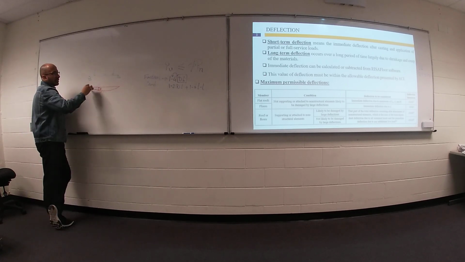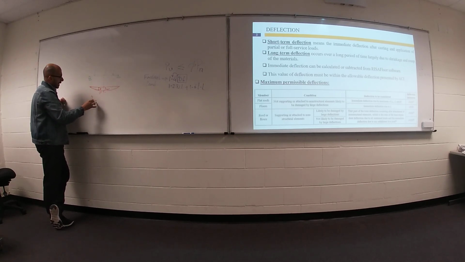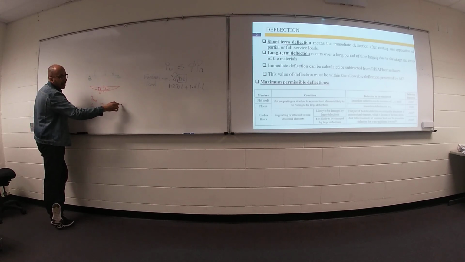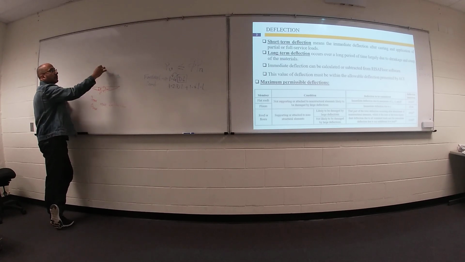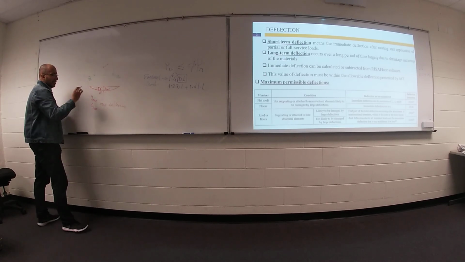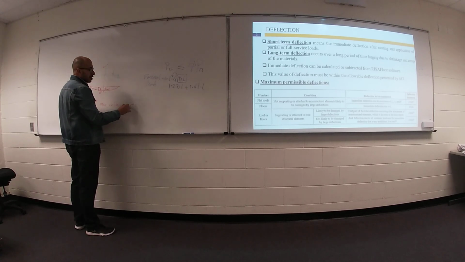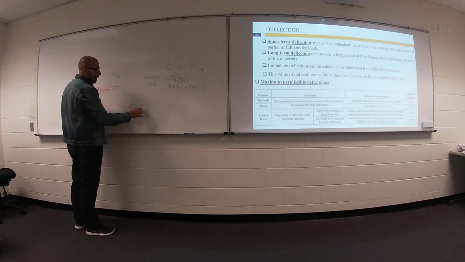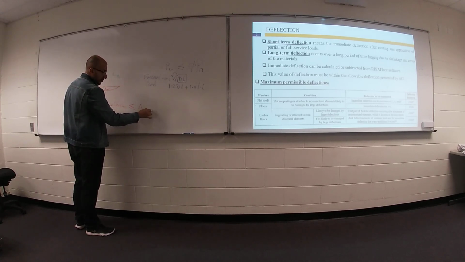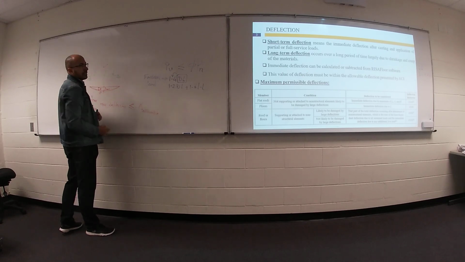Maximum deflection for this beam is near your midspan, y maximum. So y maximum, or I can call it delta maximum, which is called maximum deflection from structural analysis, from your external load. This value must be smaller than or equal to delta allowable or delta permissible.